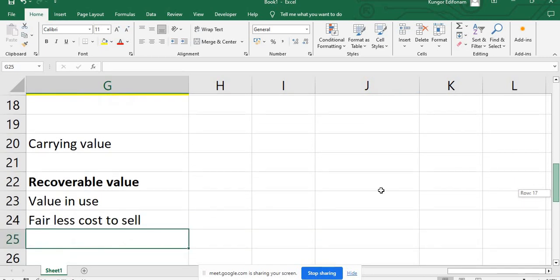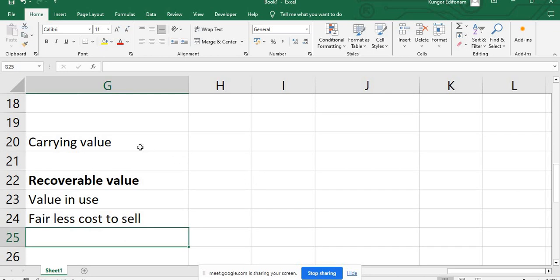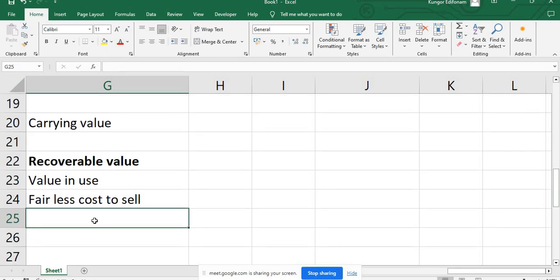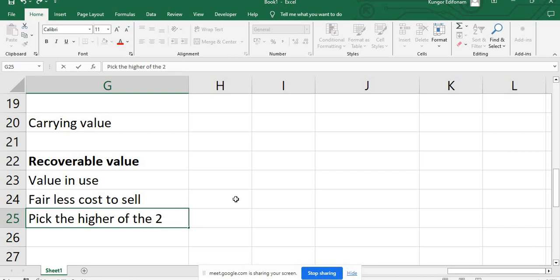Okay, all right, so let's move on. The next thing is that, between the value in use and the fair value less cost to sell, the standard says that you should pick the higher of the two. So now let's go back to our question.